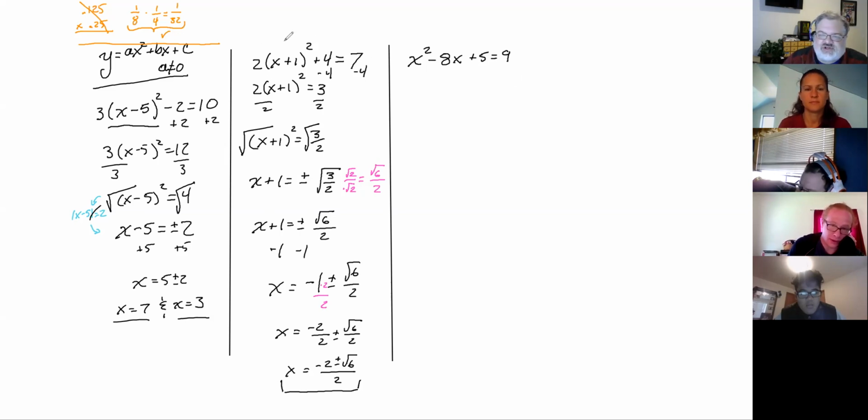Using this methodology won't work in its current form. If we just try to isolate that x squared, we'd have 9 minus 5, which is 4, plus 8x, and say square root both sides and get x equals plus or minus the square root of 4 plus 8x, which we could simplify a bit, but this won't work as a solution because that x is still in there, right?